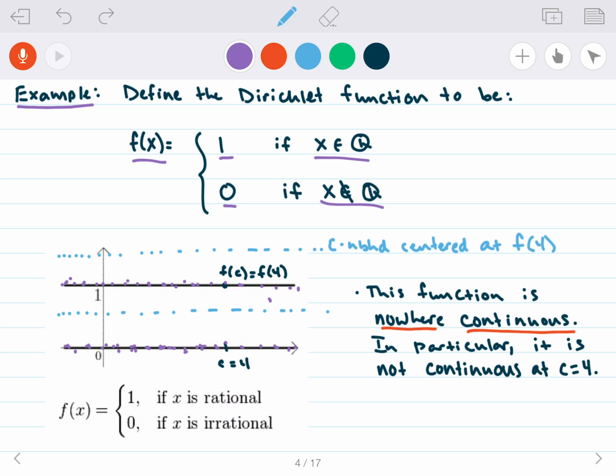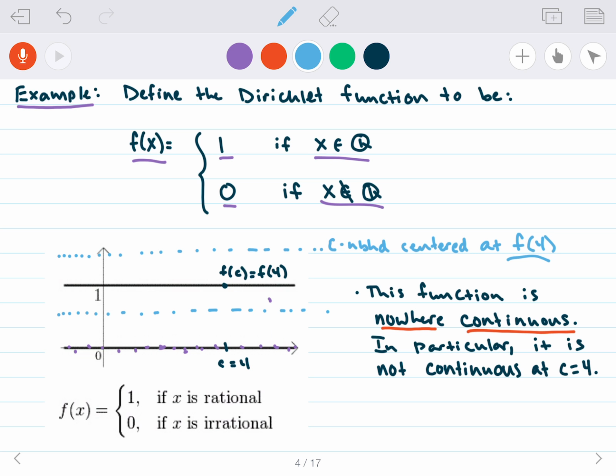I'm going to illustrate one specific example of this. We're going to claim that this function is not continuous at c equals 4. So how do we show that? Well, we can use the neighborhood proof. We can see in the picture that I've given you a random epsilon neighborhood centered at f of 4.